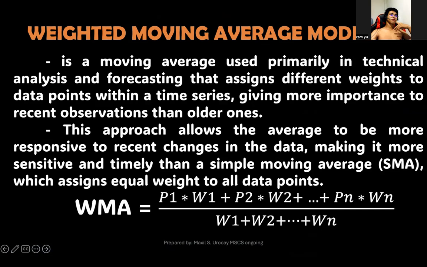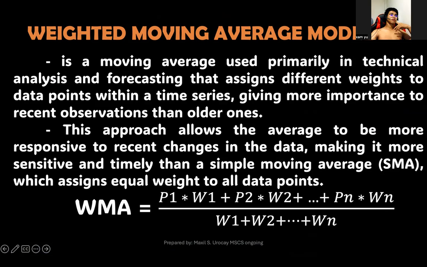So basically, based on the three data points from January, February, March, there is a specific weight for each accordingly. Then what will happen? You have to multiply the data points by the corresponding weights. That's how it works. And then you will divide by the weights that you have. So this is how you are going to get the average.